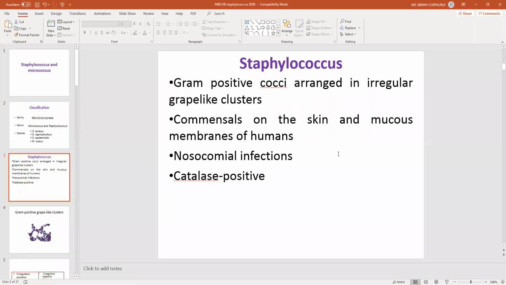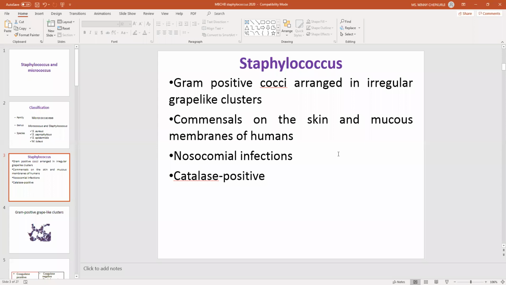So we'll start with the genus Staphylococcus, which are mainly classified as gram-positive cocci. And the gram-positive cocci are usually arranged in clusters. Okay, so they appear grape-like, cocci attached together in a cluster. And like I'd mentioned, you find that they're mostly normal inhabitants of the skin and the mucosal surfaces.